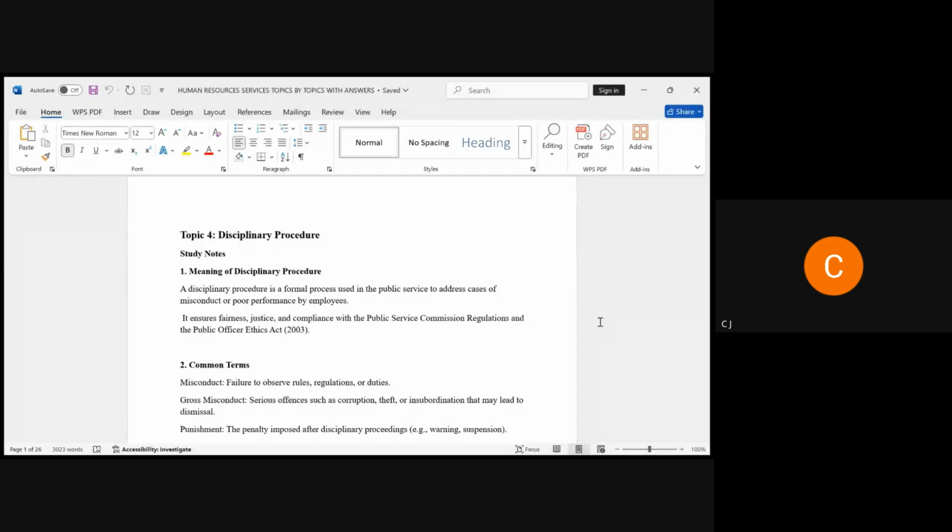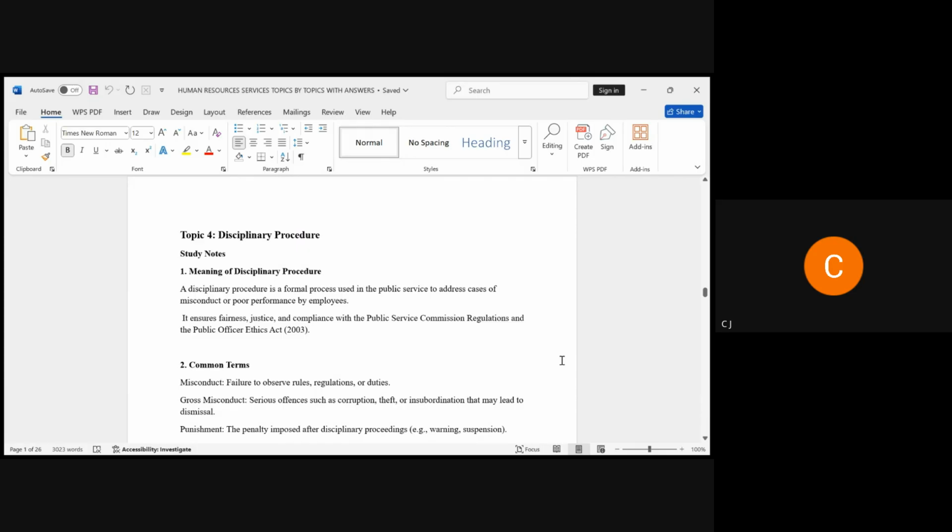Maybe some of these rules are, for example, you are supposed to report to work at around 8 a.m., but you are reporting at around 8:30 or 9 a.m. That is a misconduct. You don't observe rules and regulation. Also, there are some duties you are supposed to perform, but you ignore. You don't perform those duties. This falls under misconduct.